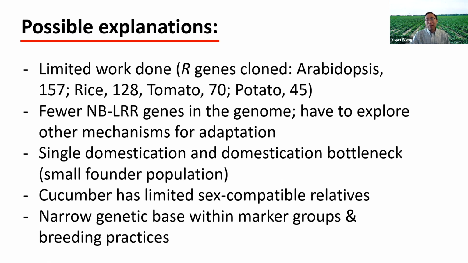They always focus on a very narrow genetic base or gene pool. We don't lack resistance sources in our collection, but breeding practice really doesn't use those, unless you have a really urgent need to explore them because of a breakdown or the emergence of new diseases, new races, or strains. So that probably has something to do with it.